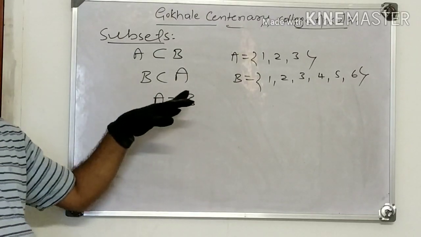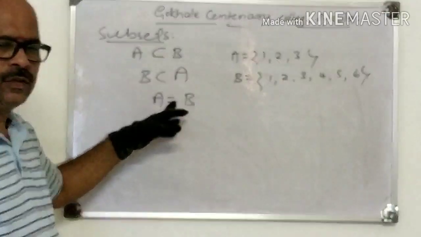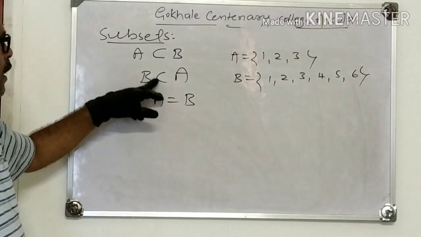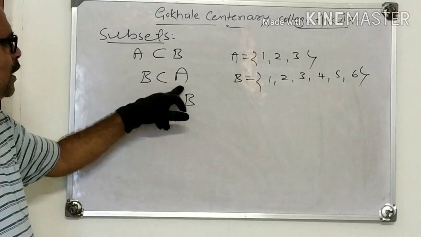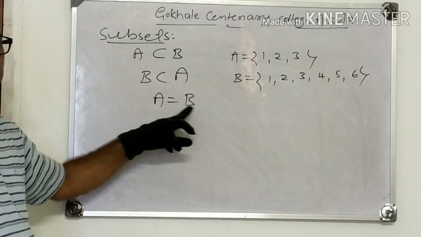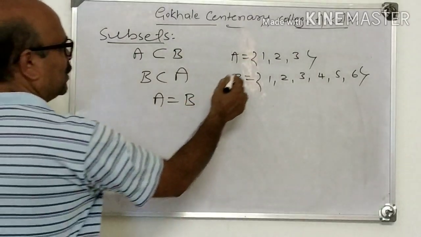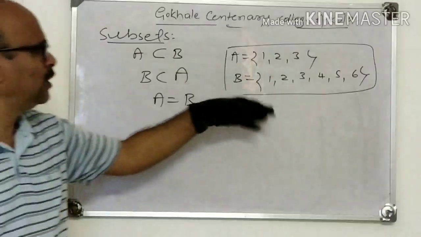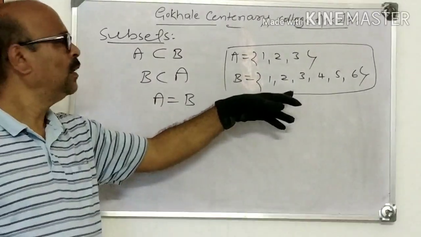We define in some other way when two sets are equal. But now in elementary treatment, if A is contained in B and B is contained in A, then A is equal to B. Here I have taken a very elementary example, 1, 2, 3.